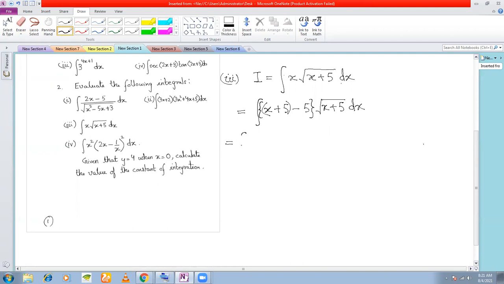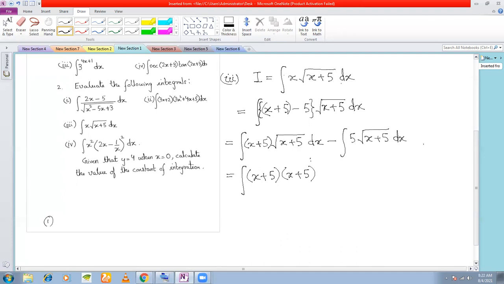So now you can multiply everything, you'll get integration of (x plus 5) root x plus 5 dx minus integral 5 root x plus 5 dx, which is equal to integral (x plus 5) into (x plus 5) to the power of half dx minus 5.